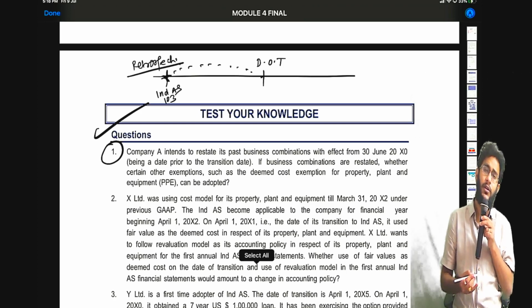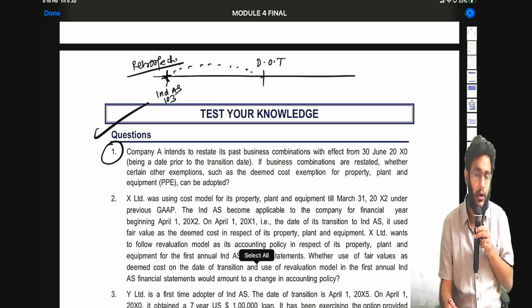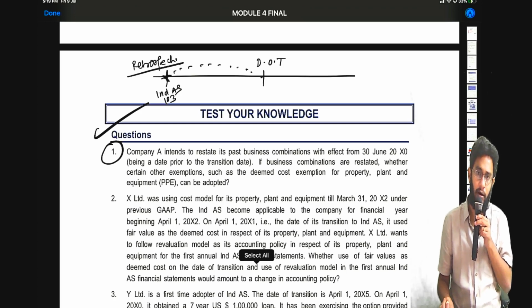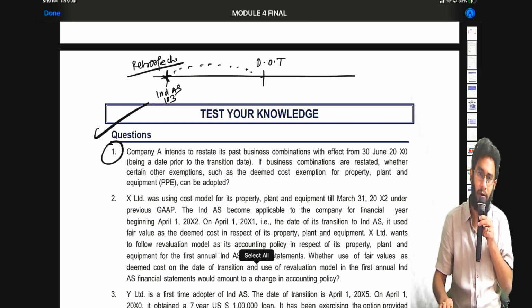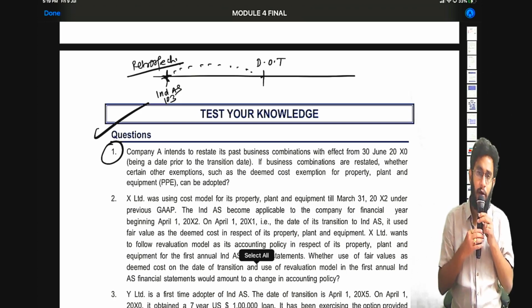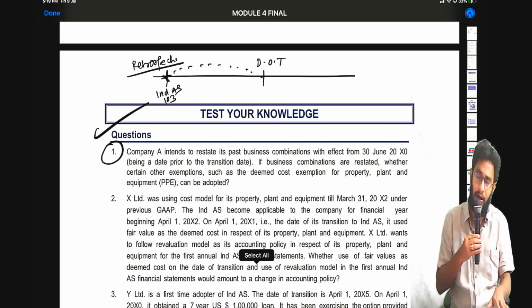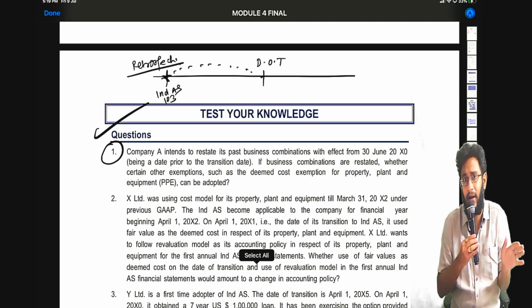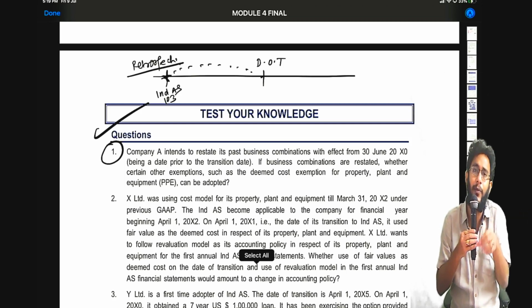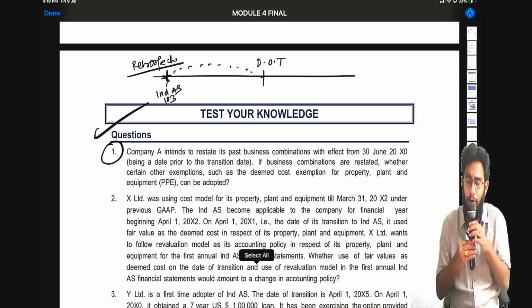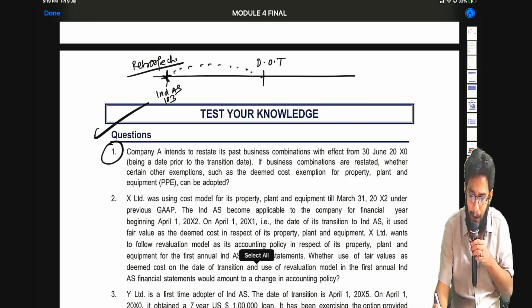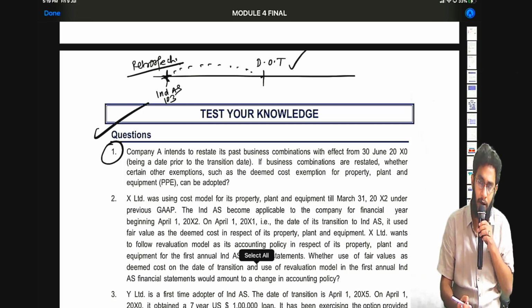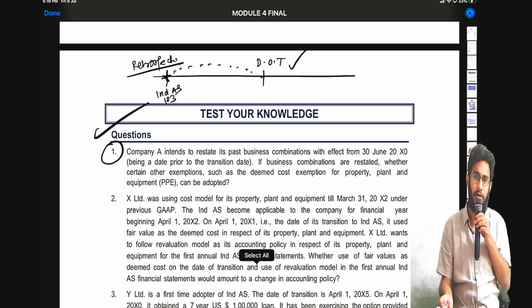Ind AS 103 retrospectively applying means whatever assets and liabilities you have acquired from the acquiree on that date of acquisition, you have to measure them at fair values on that date. And had you applied Ind AS 103 on that date, by now what carrying amounts would have been there, those amounts should be appearing on your balance sheet on the date of transition. That is the meaning of Ind AS 103 application retrospective, isn't it?